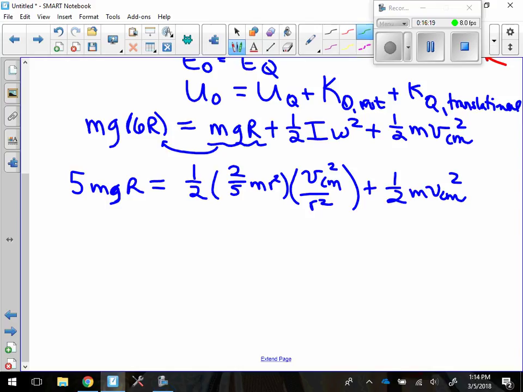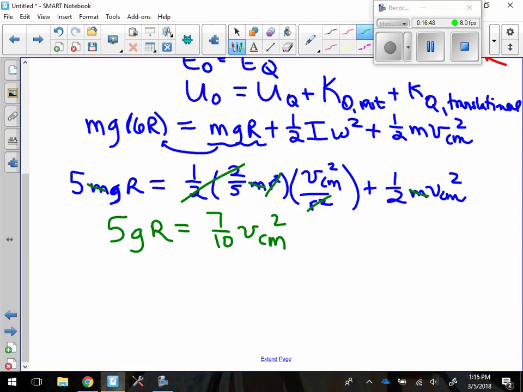And then there's a whole bunch of algebra we can do and a whole bunch of things we can cancel. So I can cancel my little r squareds. I can cancel my 2's. I have an m in every term now. So I've got 5gR is 7/10 V center of mass squared.